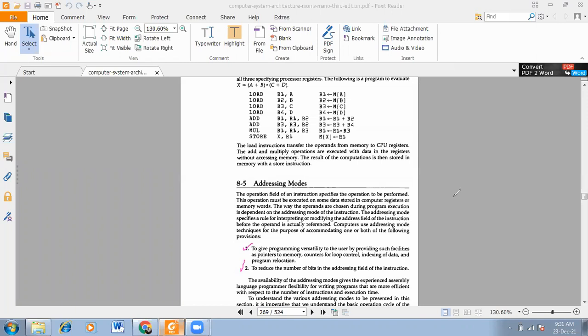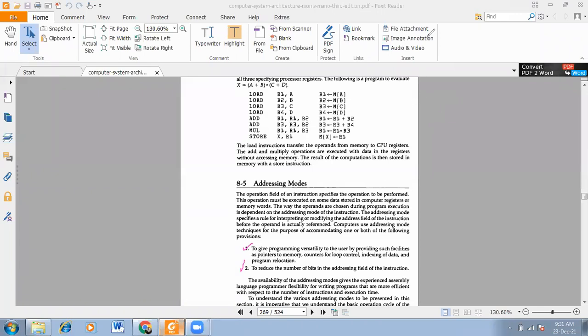That also enhances the flexibility. The addressing mode also provides flexibility for writing programs, and we can execute our instructions more efficiently.